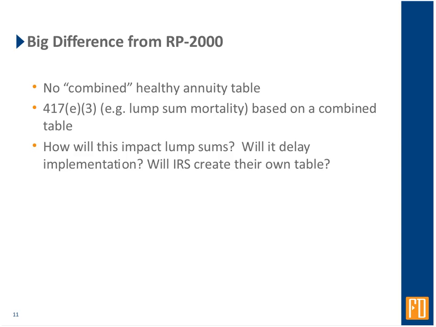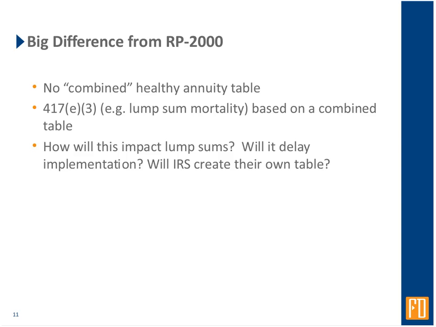So there is kind of this outstanding question that will need to be answered by the IRS at some point, which is, what are they going to do for 417(e)(3) purposes, and will they have to come up with their own table, or will they try to somehow use a blend of the annuitant and non-annuitant tables to come up with an answer?